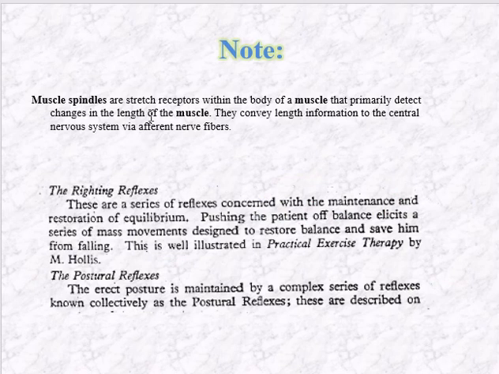Muscle spindles are stretch receptors within the body of the muscles that primarily track changes in the length of the muscles. They convey length information to the central nervous system by afferent nerve pathways.